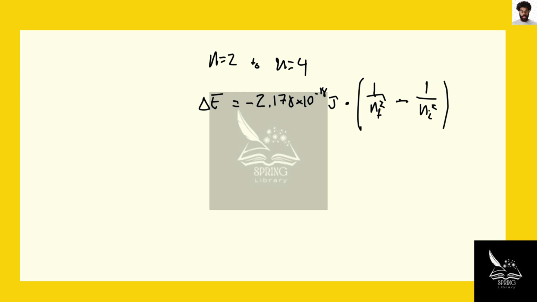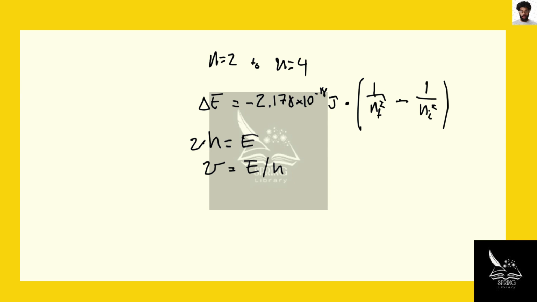We've been asked for a frequency, but recall that frequency times Planck's constant is equal to an energy, or another way of saying that is that frequency is equal to energy divided by Planck's constant.